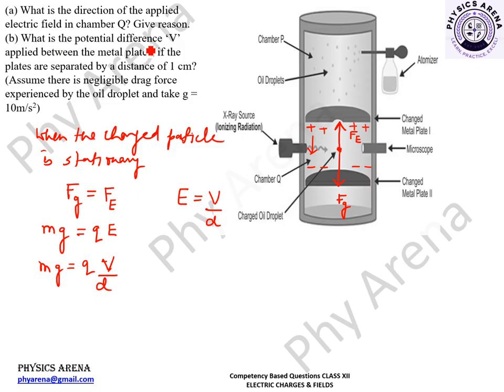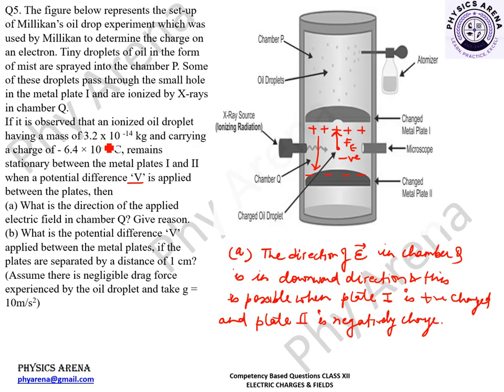And we need to obtain the potential difference V. So I can take V on one side and take all other quantities to the other side. This implies that capital V is equal to mgd divided by Q. So I can put the values. The mass is given to us as 3.2 multiplied by 10 to the power minus 14 kg.